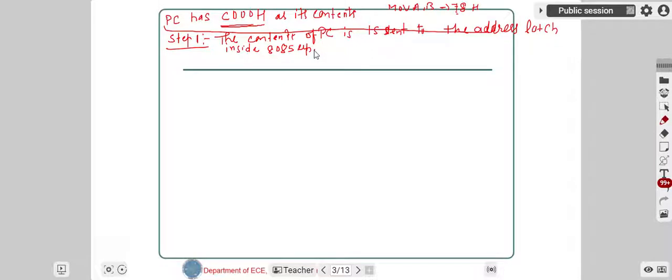So the CPU will send the contents of the program counter, C000H, to the address latch. We have already seen what the address latch is.